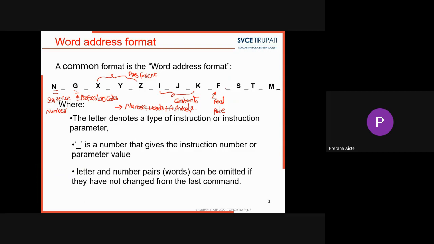Then comes the S code, which is nothing but the spindle speed. Then the T code, which is nothing but the tool number. Then M codes, which are nothing but miscellaneous codes.